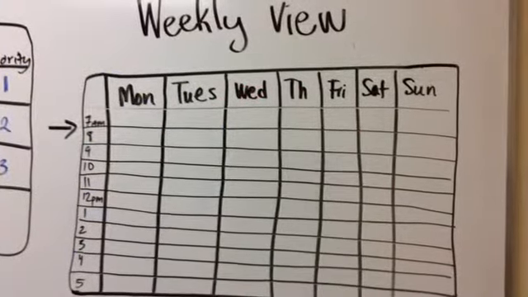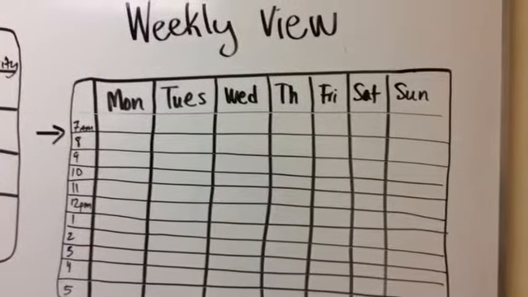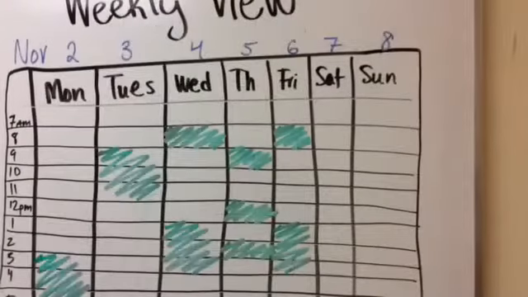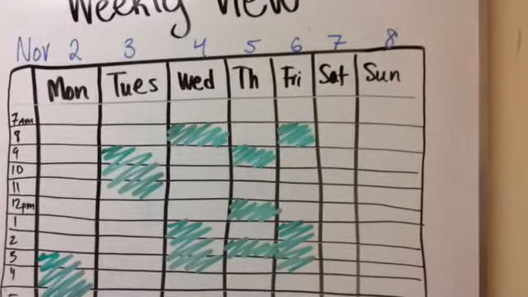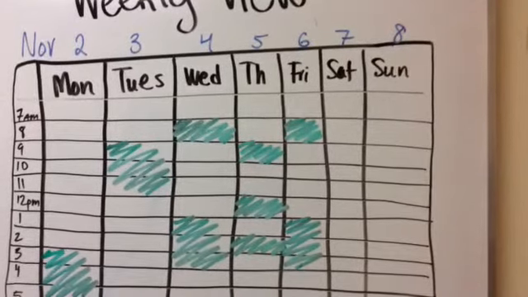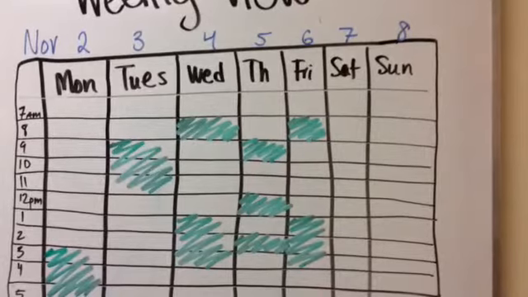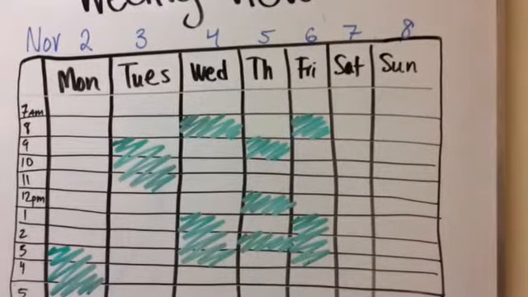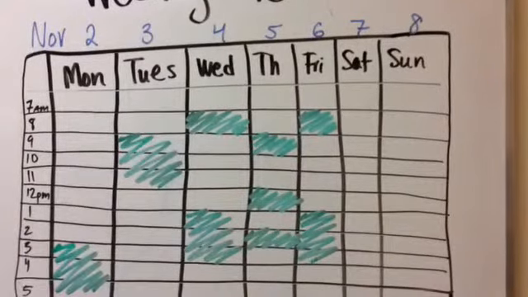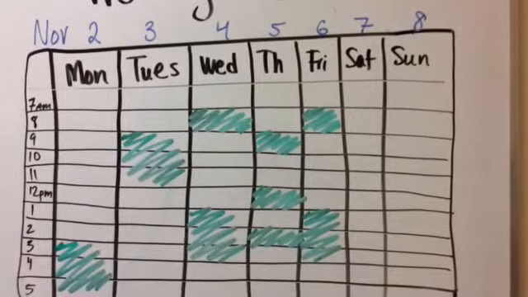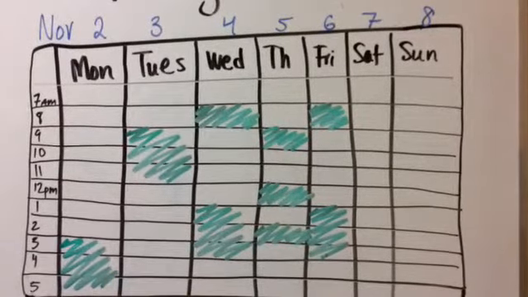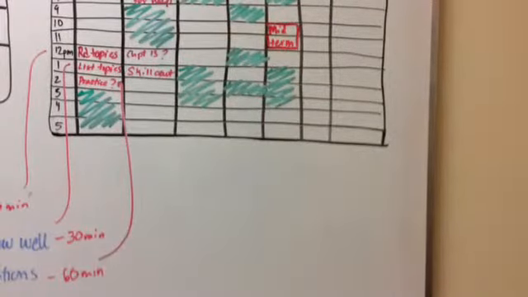So we're zooming in on the week, figuring out when we have classes. So notice I've shaded in my class times in green here. And once I figure out when I have class time, when I have maybe an appointment, another commitment, so you want to fill in all the stuff that's going to take up time. Once I do that, I'm going to take my task breakdown and I'm going to fit in the pieces into the slots.